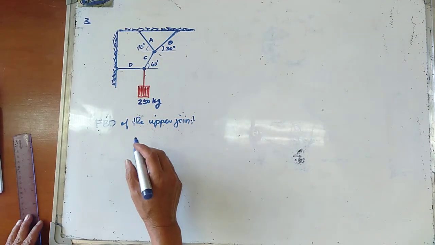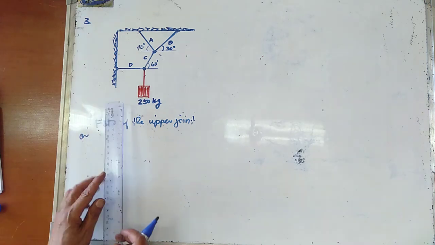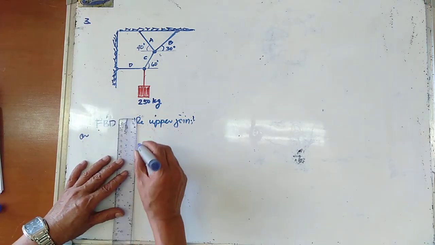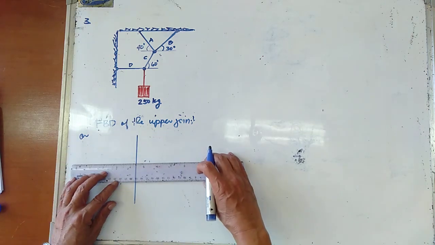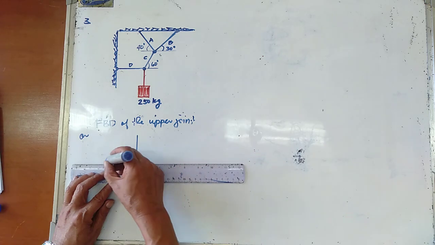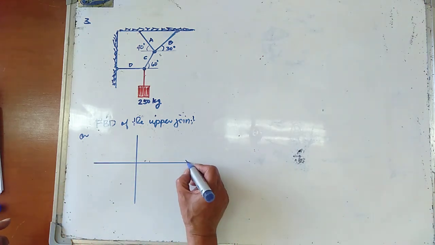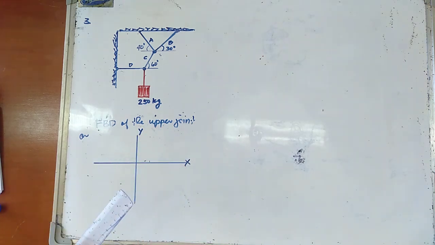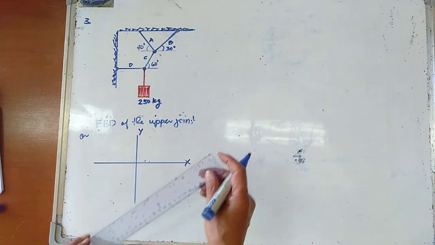Okay, so for the upper joint, let us try to use the usual horizontal and vertical axes. This one here is your x-axis and this one is your y-axis. Before, we rotated the axes.